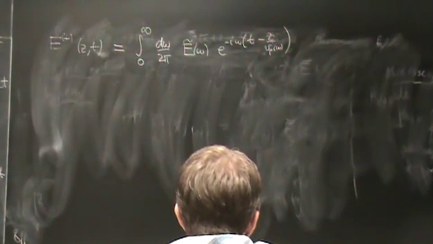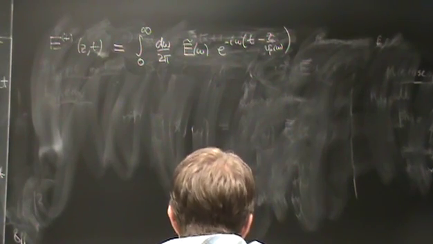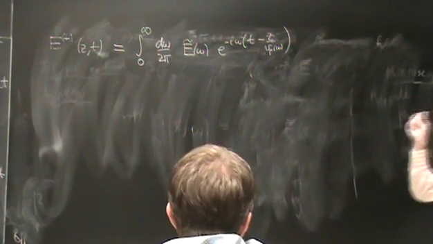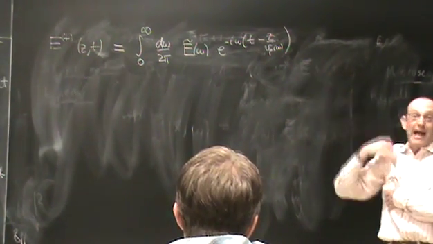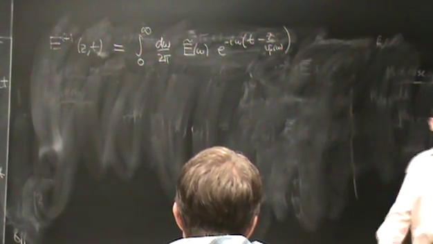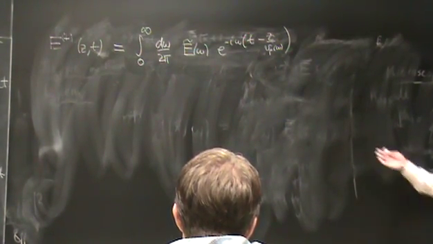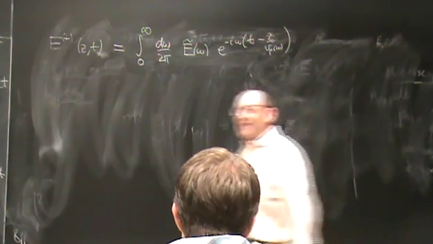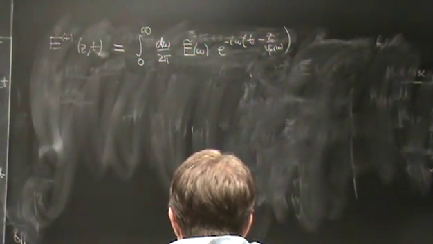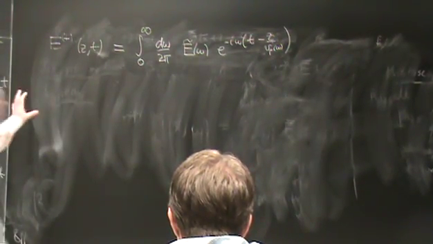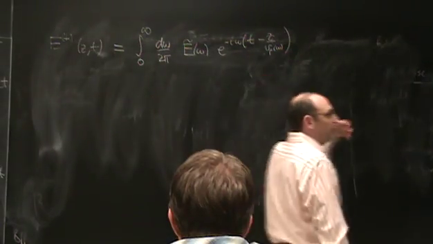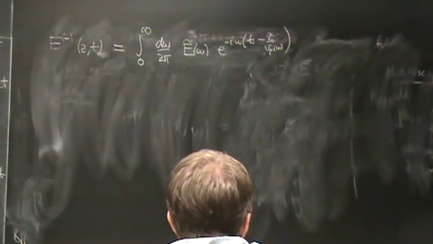Is that clear? Okay, this is what's known as the retarded time. What I see now depends on what happened in the past. All right. So now we just have to do this inverse Fourier transform, and we've solved the problem.